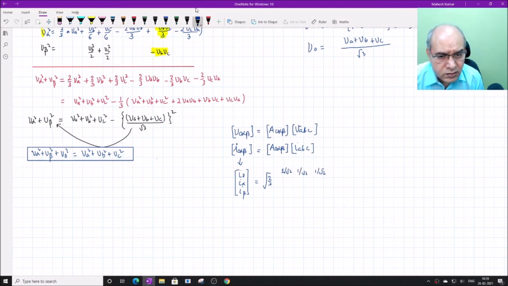What is here? 1, minus half, minus half, and 0, root 3 by 2 and minus root 3 by 2, into IA, IB and IC.